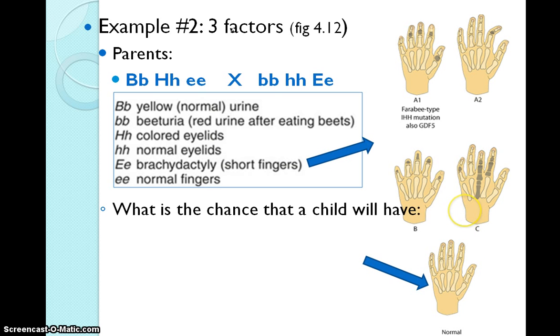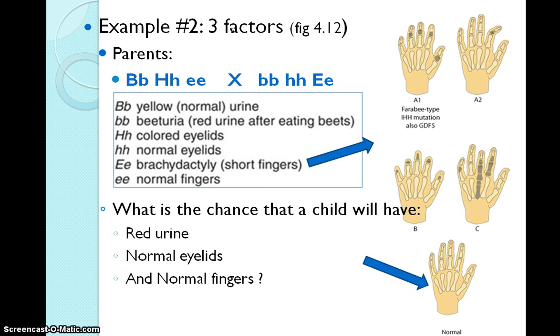So the question here is, what is the chance that a child will have red urine, normal eyelids, and normal fingers? We want to know, from those 2 parents listed in blue, what is the probability that their offspring will have red urine, normal eyelids, and normal fingers?